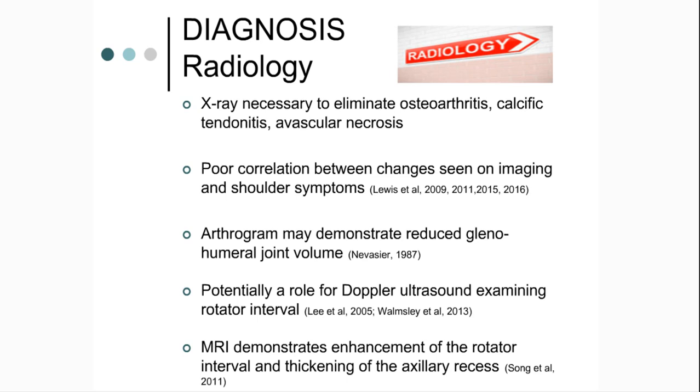There were 51 subjects, asymptomatic, and he demonstrated structural failure in 96% of those people. So just because someone shows tendon issues on ultrasound, it doesn't mean that's where their symptoms are coming from.